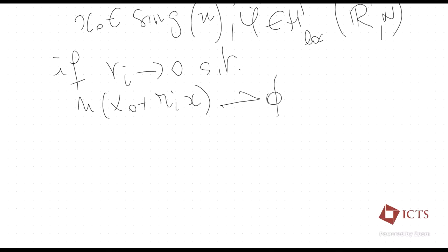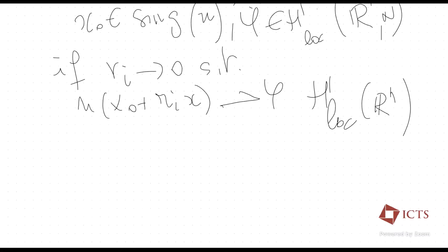Such a map phi is weakly converging in H1 loc of R^n. Really, think about x over mod x: you want to look more and more like x over mod x.